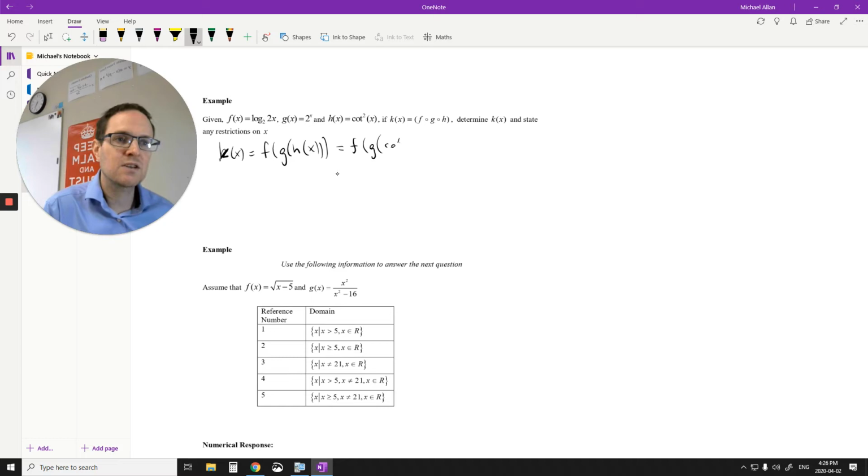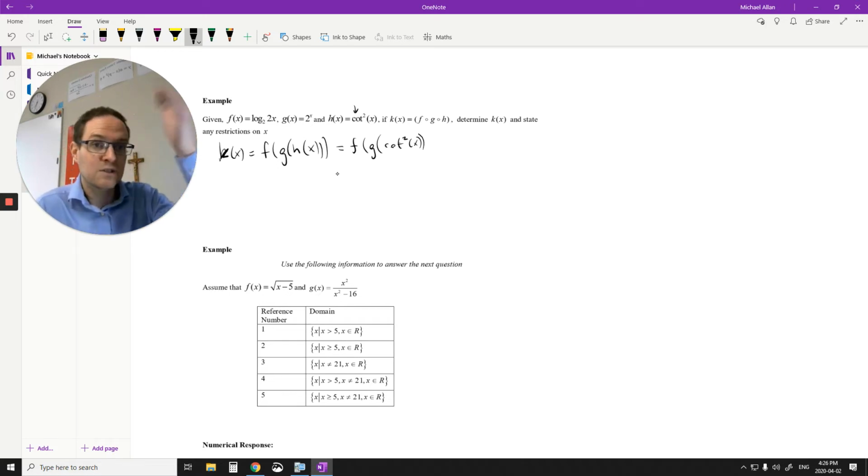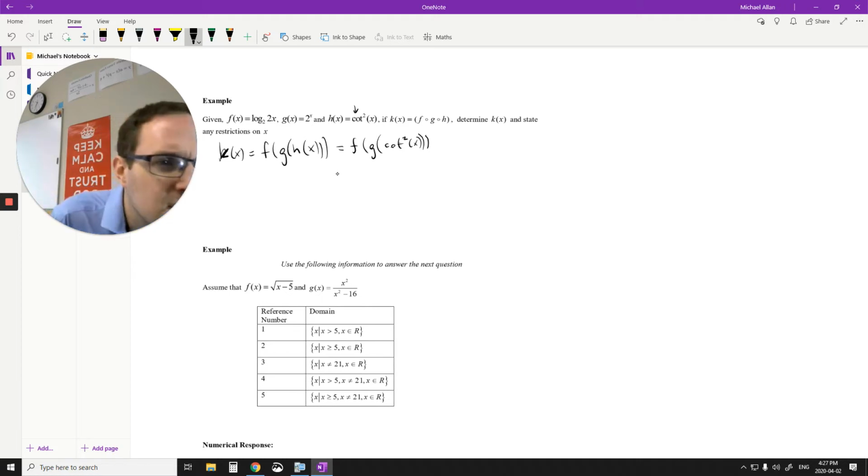This is cotangent squared x. Now I should probably remove this question or move it somewhere else, but a cotangent is just another function. It's like a log or something. It's the reciprocal of tangent, so it's upside down. Okay, we're going to put that into g of x.